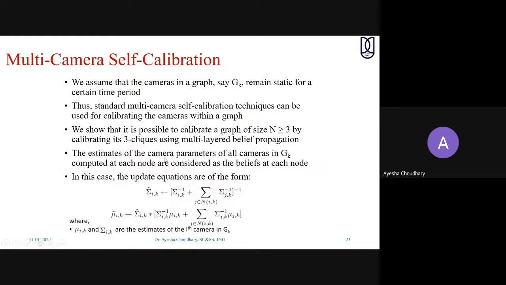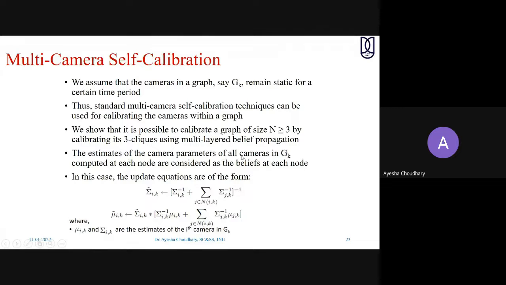So we show that it is possible to calibrate the complete graph, not each subgraph, by calibrating 3-cliques. A clique is a small complete subgraph. If we have a clique of size 3, that means we take 3 cameras in one subgraph and use multi-layered belief propagation, then we can calibrate the whole network.